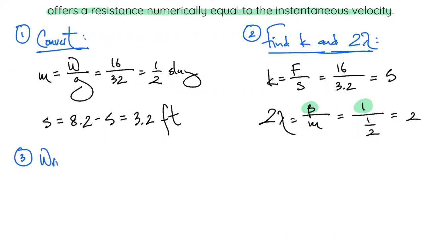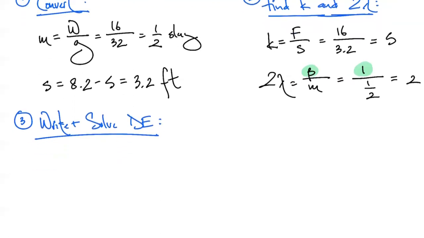So, solve the differential equation: d squared x dt squared plus 2 lambda, so 2 dx dt, plus not just k, so not just 5, but 5 divided by 1/2, which gives us 10.